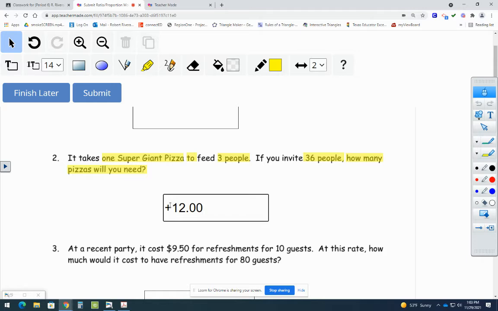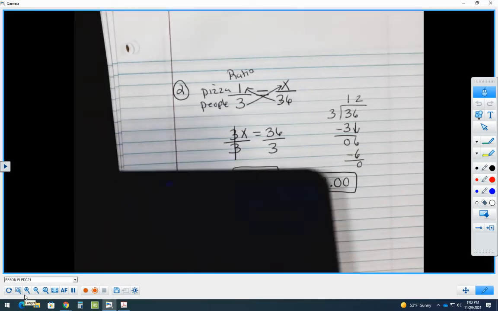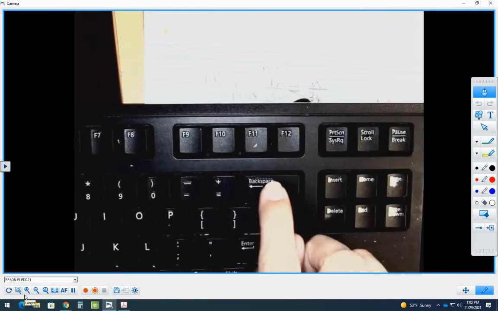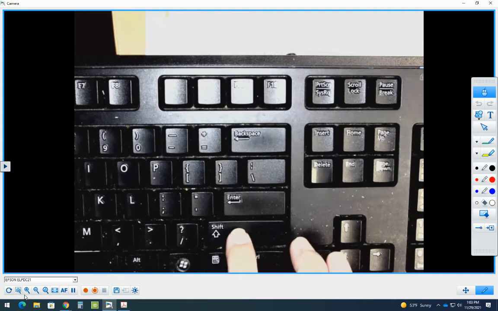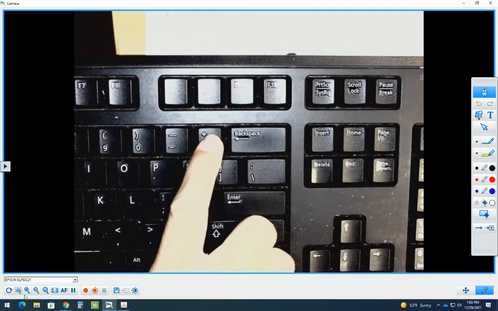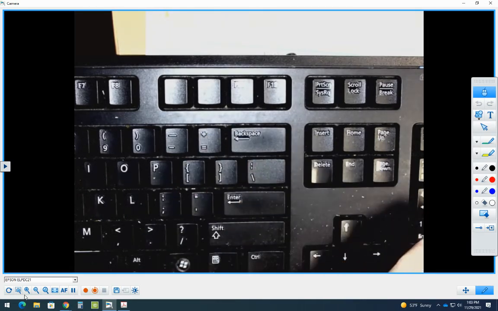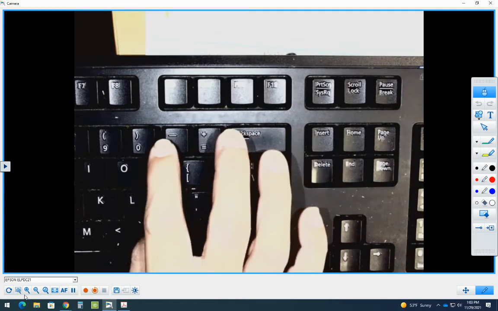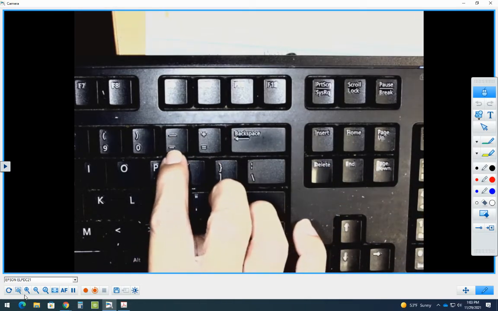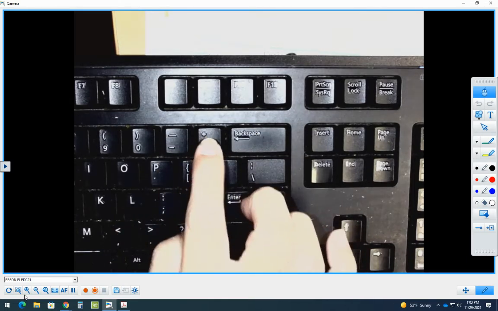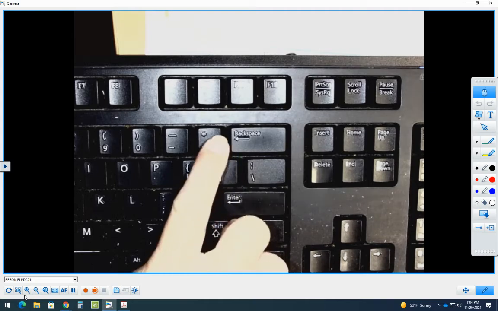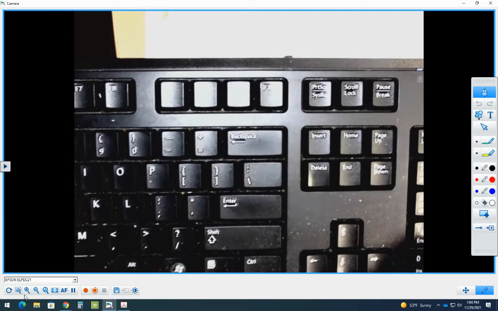Again, the plus sign is the character that's on top of the equal sign, so to get that character, I need to hold down the shift button and press it down so you can get the positive sign. If it was a negative, you would just press the one on the bottom without the shift button. But if it's positive, I do have to hold the shift button and then put positive.